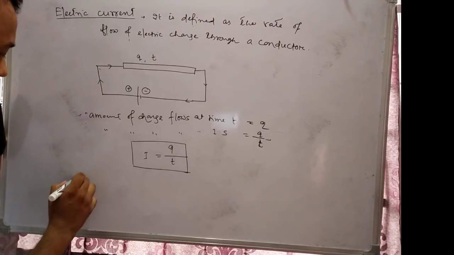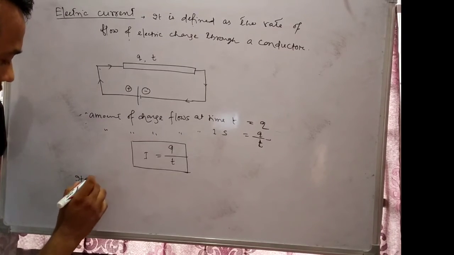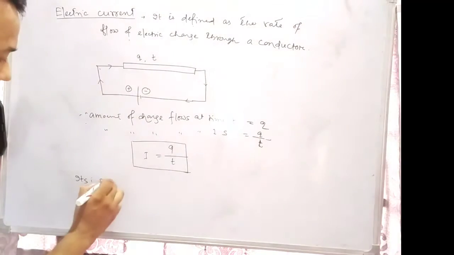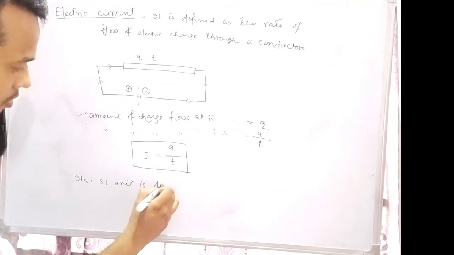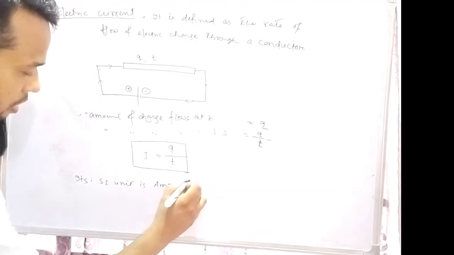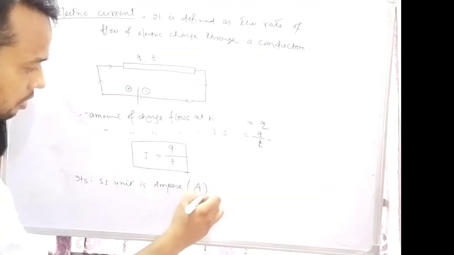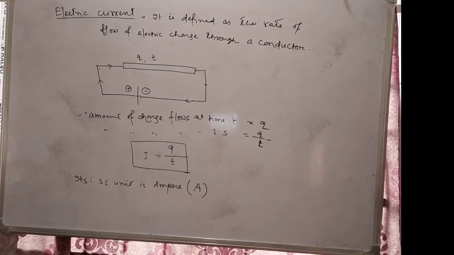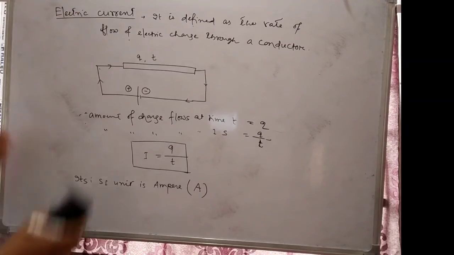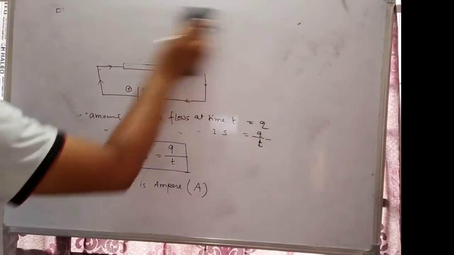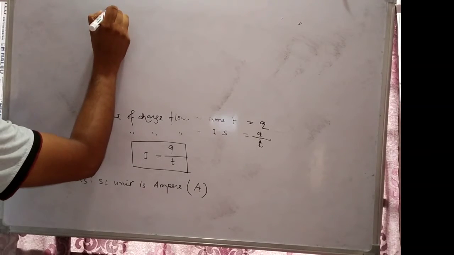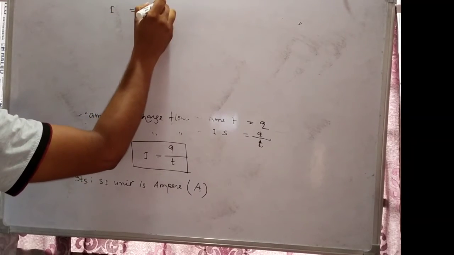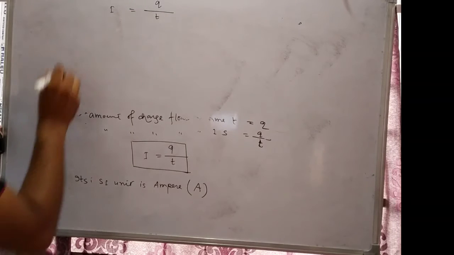Its SI unit is ampere, and this unit is represented by capital A. So from here I equals q by t.